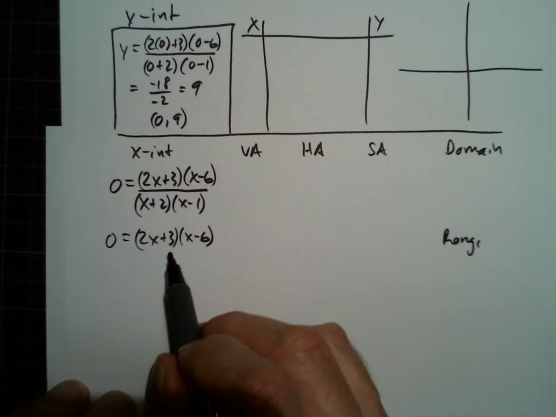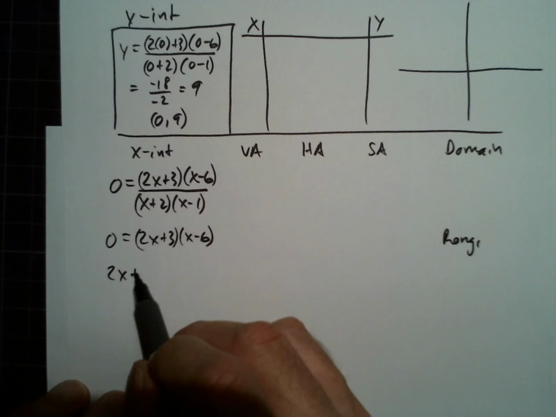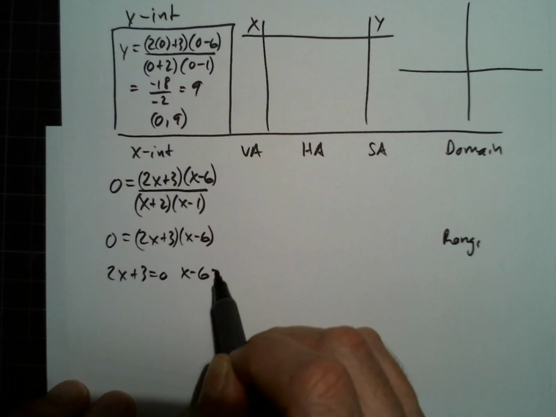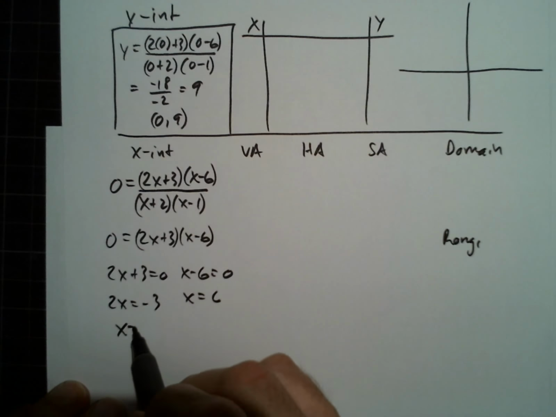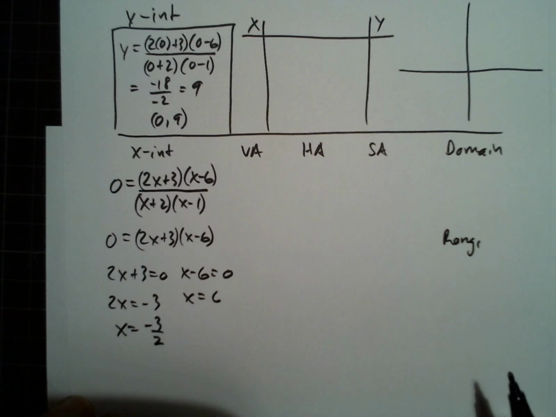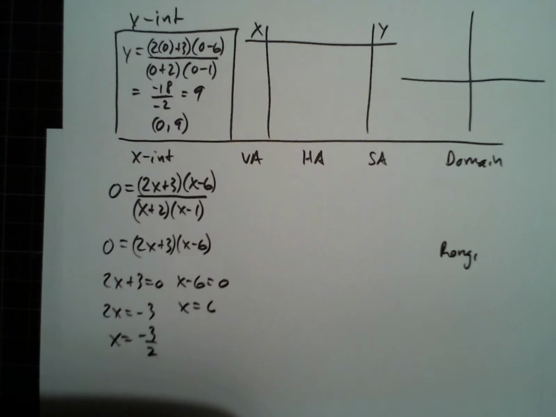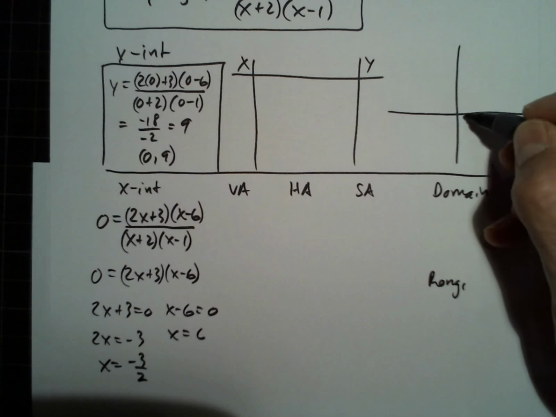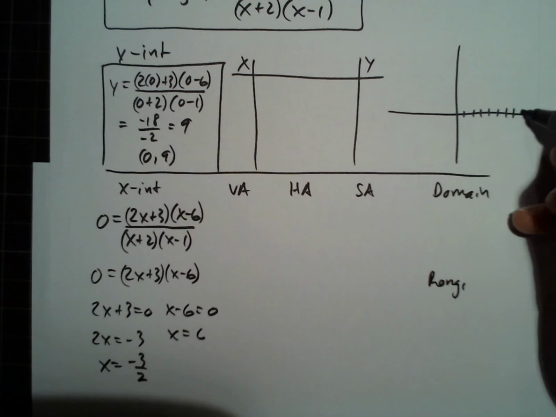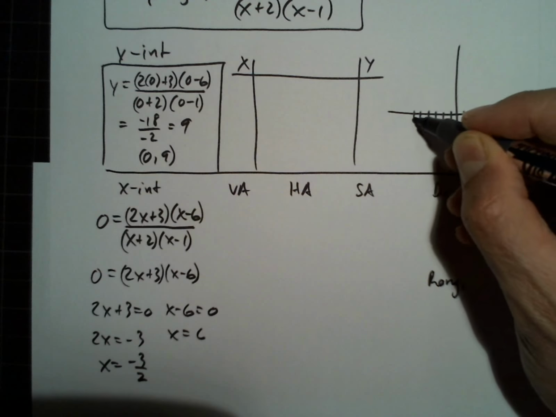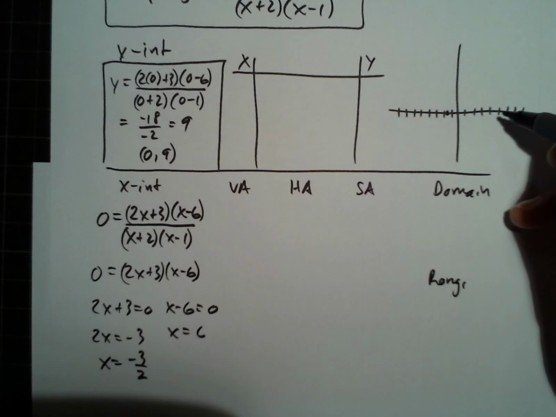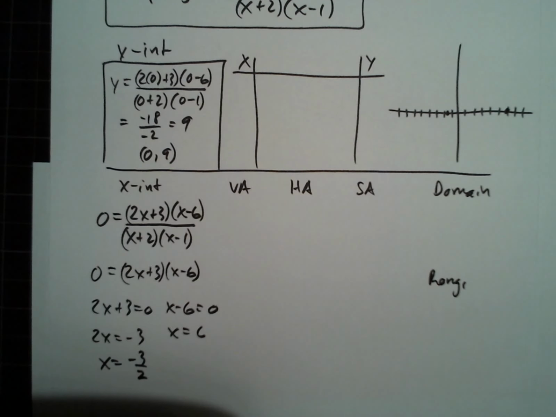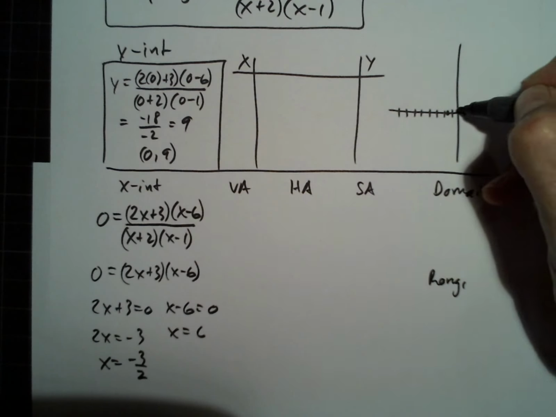And if this product is 0, then that means 2x plus 3 is 0, or x minus 6 is 0. All right, x-intercepts at -1.5 and 6. Y-intercept is at 9.